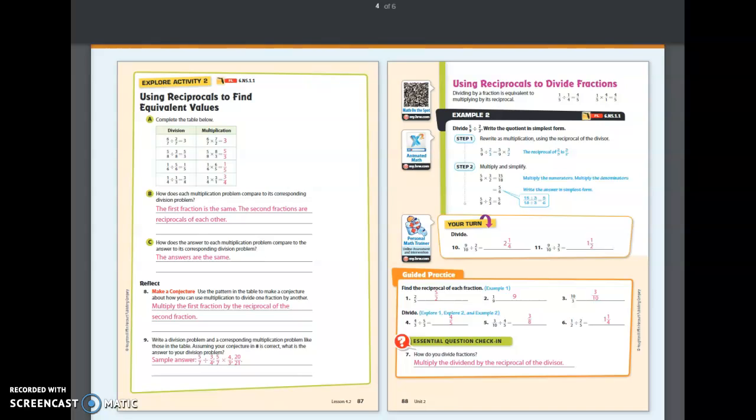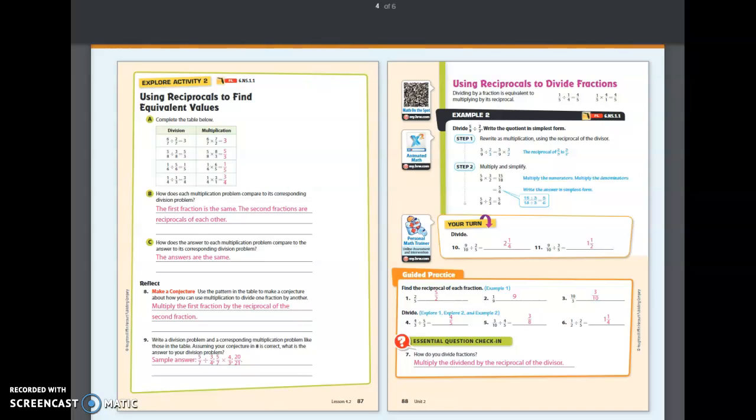Using the pattern in the table to make a conjecture about how you can use multiplication to divide one fraction by another: multiply the first fraction by the reciprocal of the second fraction. That's going to be your method for how you're going to be doing division.